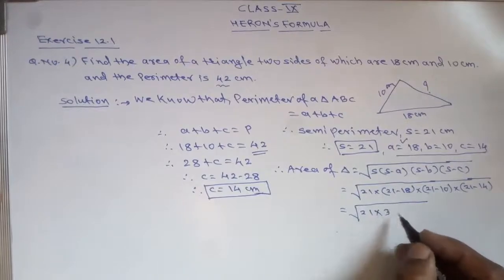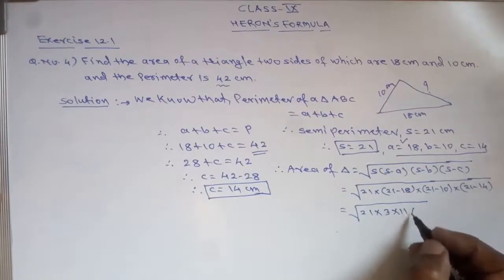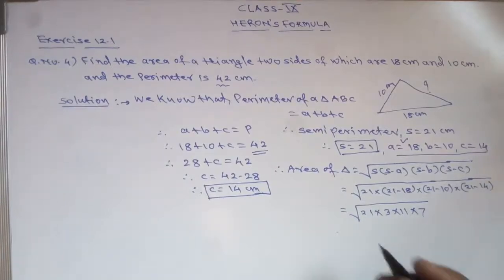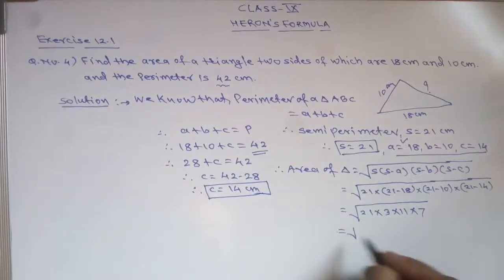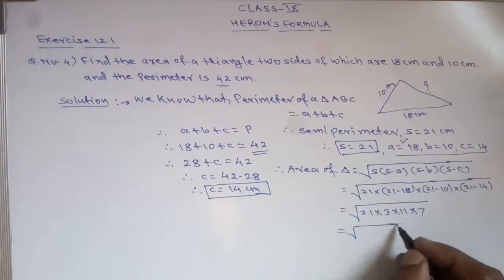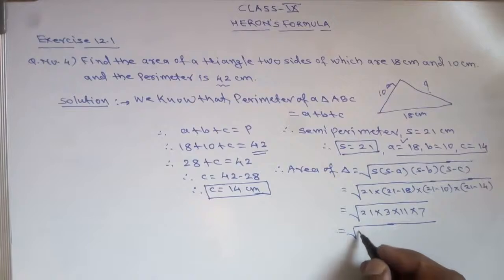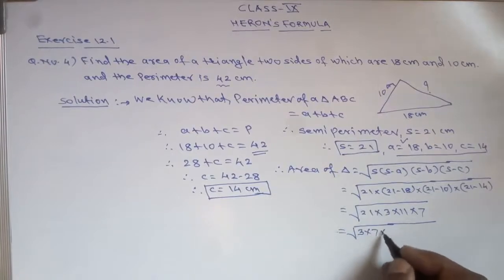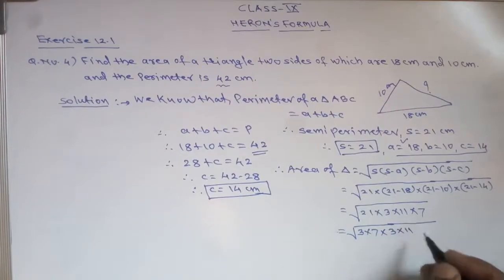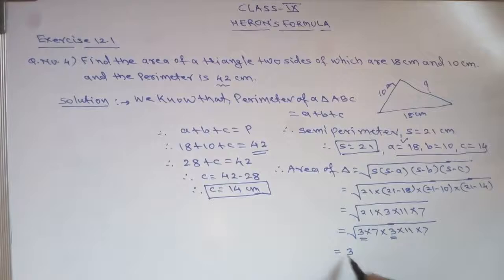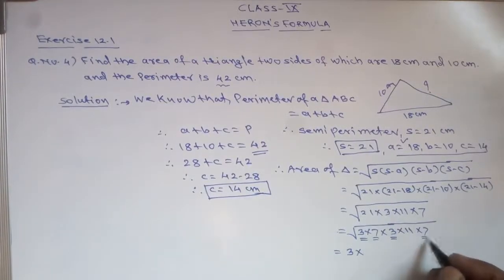into, this is 3, this is 11, and 21 minus 14, that is 7. So in this way let us factorize so that we can take easily the numbers outside this square root. So 3 into 7 into 3 into 11 into 7. Now 3 into 3, that is 9. Square root of 9 is 3. So I can take 3 outside this square root into 7 into 7 is 49.